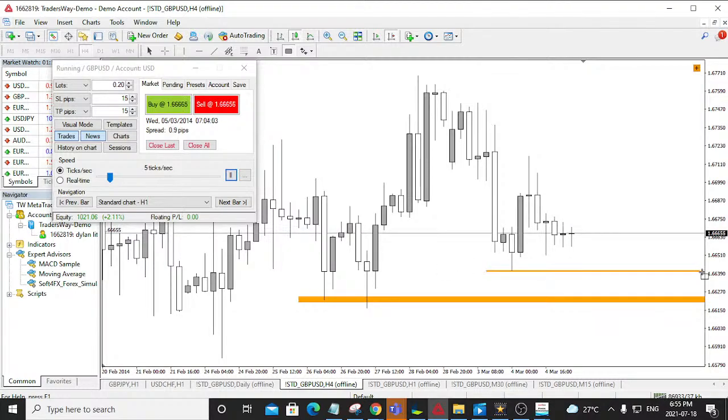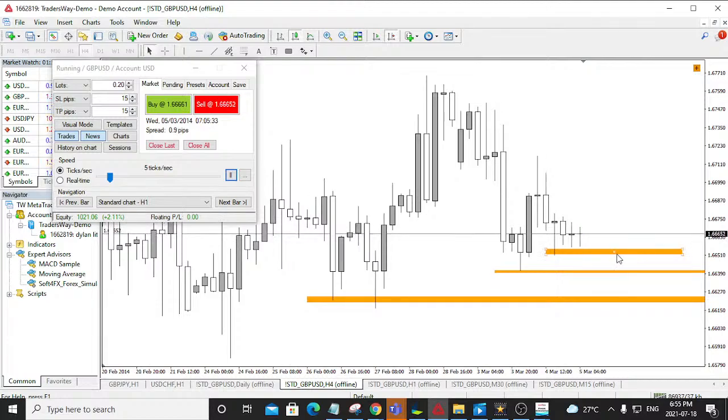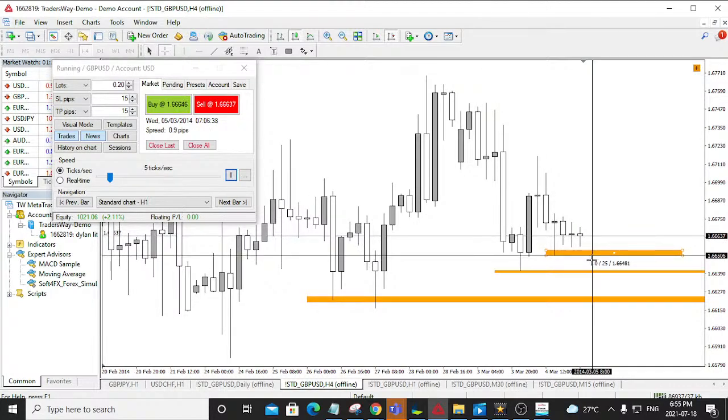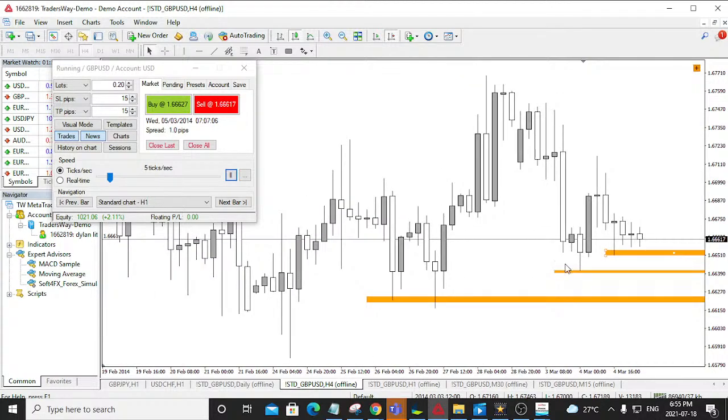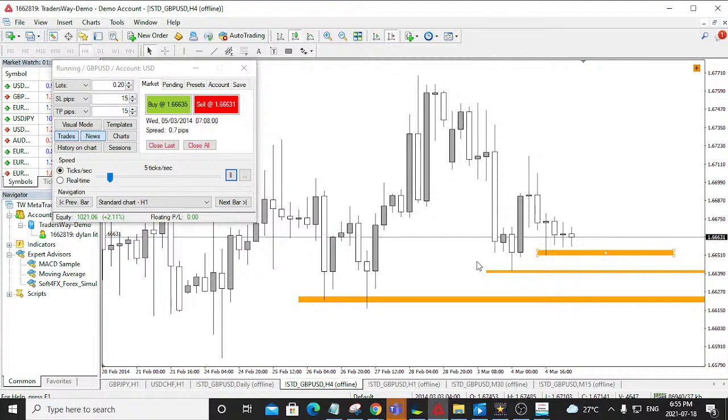Let's see. If it can break at least this one right here, then certainly it can come here. This area is about 10 pips. Doesn't really make sense to trade that.